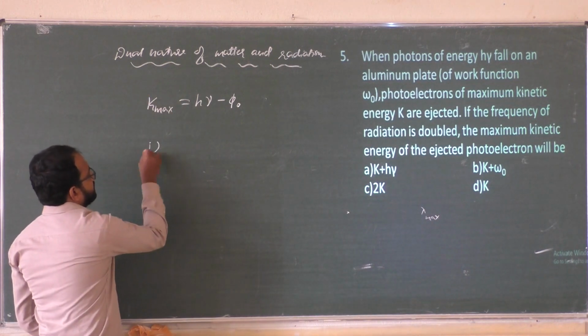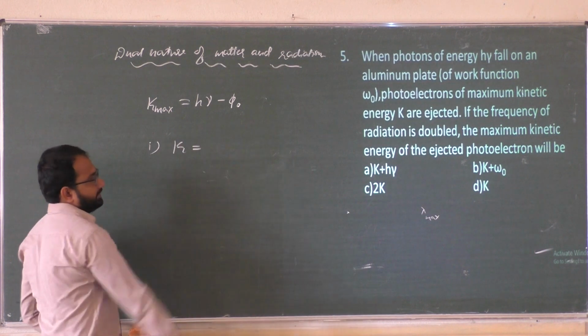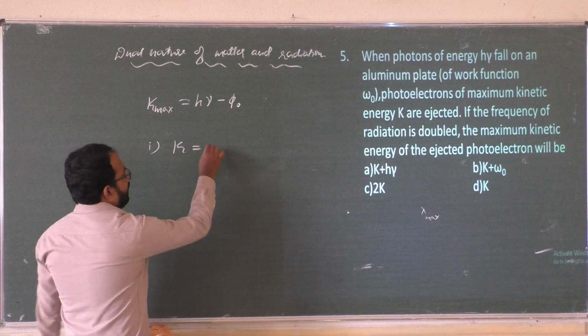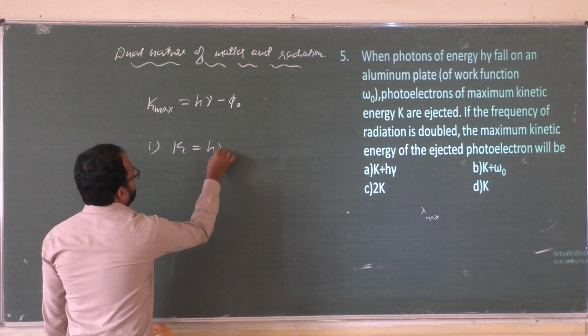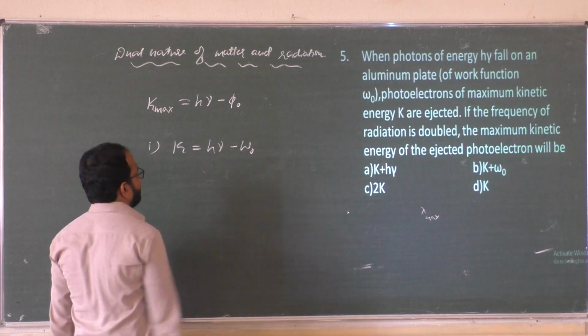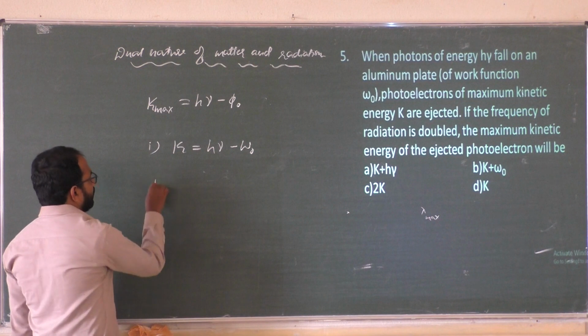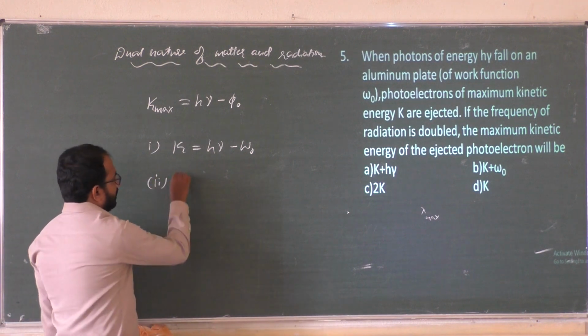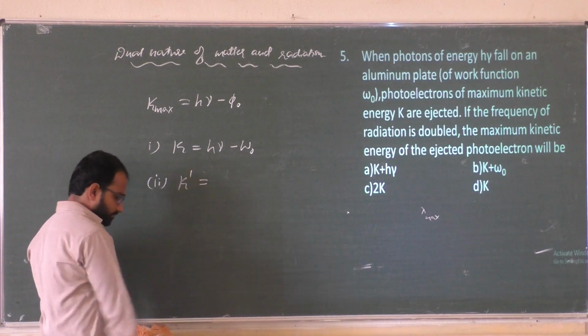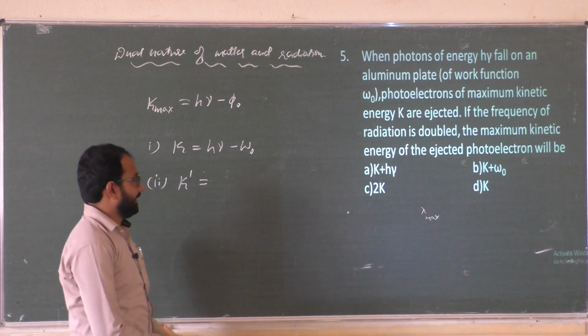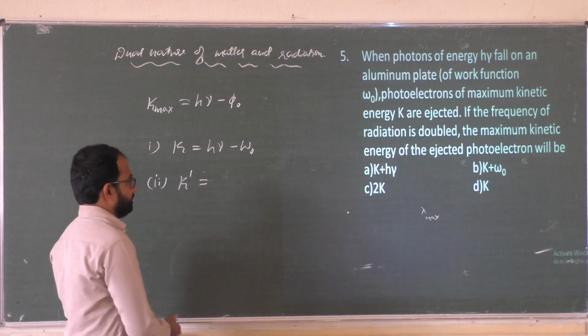For the first case, the kinetic energy is K, the incident photon is h nu, and the work function is omega naught. For the second case, what is the new maximum kinetic energy of emitted photoelectrons?